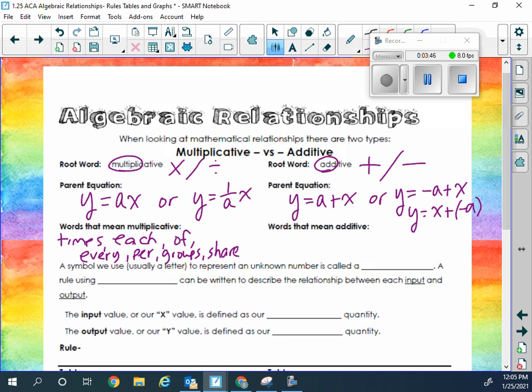Okay, how about words that might mean additive? Okay, you might hear the word plus. What else? Together. Come on, somebody else, guys. More than. They might say less than. If they said less than, then that would tell you what? It would be subtraction, or the opposite.